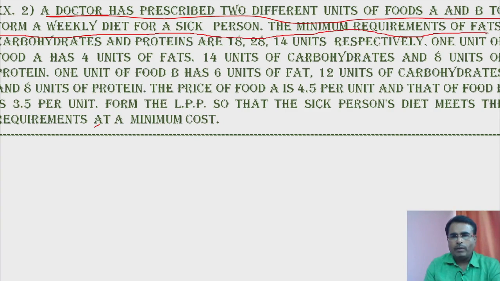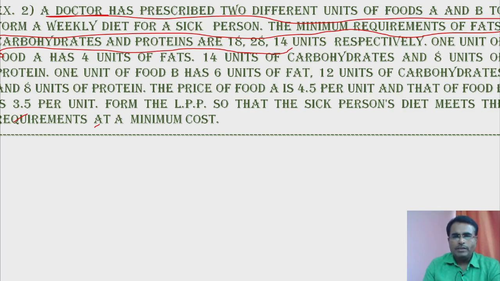The minimum requirements of the three types of ingredients required for a body, that is fats, carbohydrates and proteins, are 18, 28 and 14 units respectively.